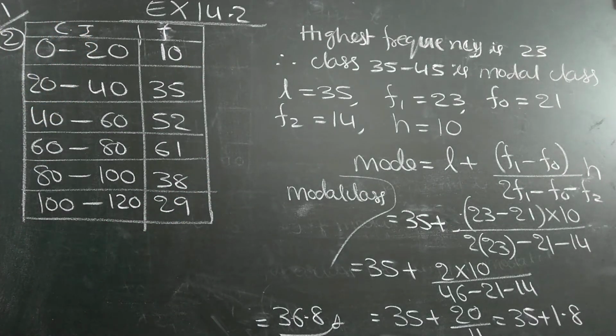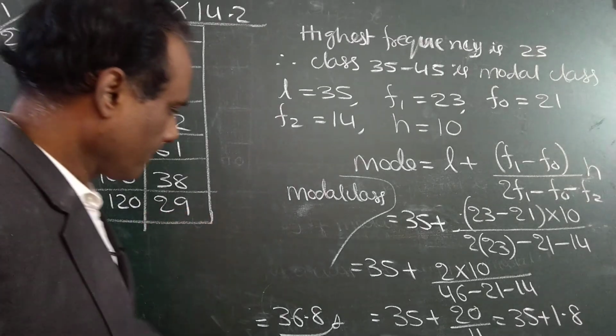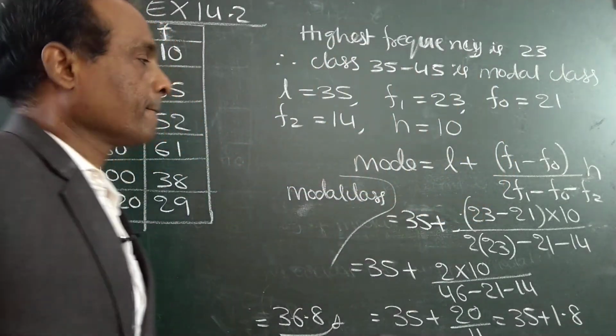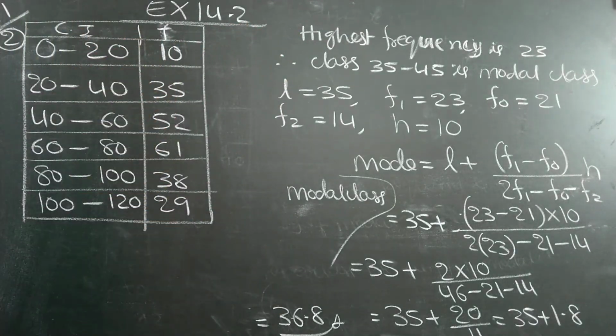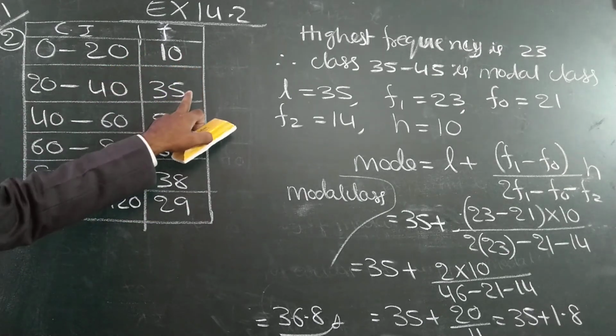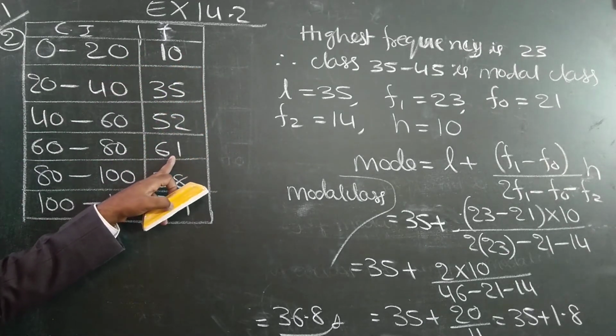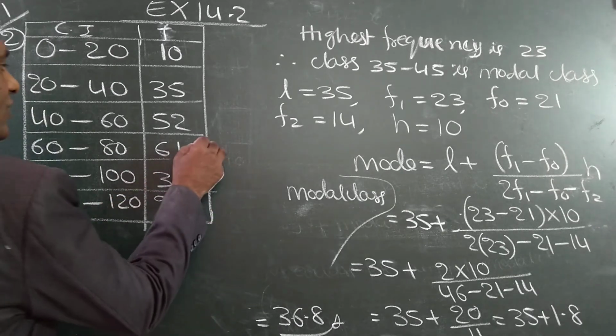Do this problem. All of you do this problem. Find the mode. Highest frequency. Where is the highest frequency? 10, 35, 52, 61. Highest frequency is 61.